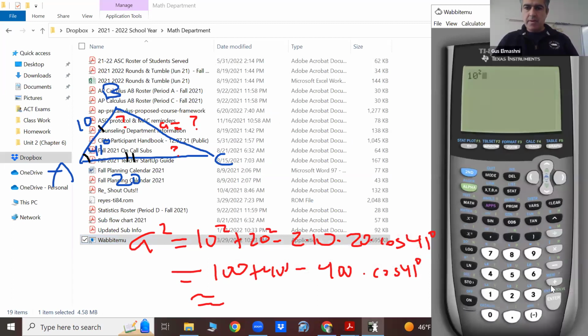10 squared plus 20 squared minus 400 times cosine 41. Mode, degree. Yeah, very, very important. Be in the right mode.